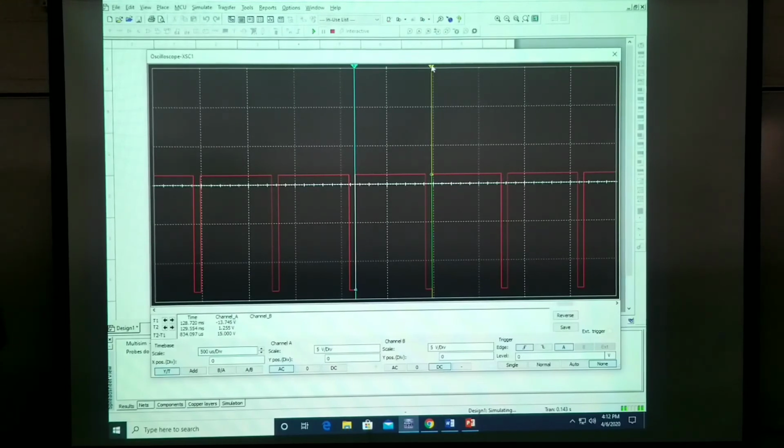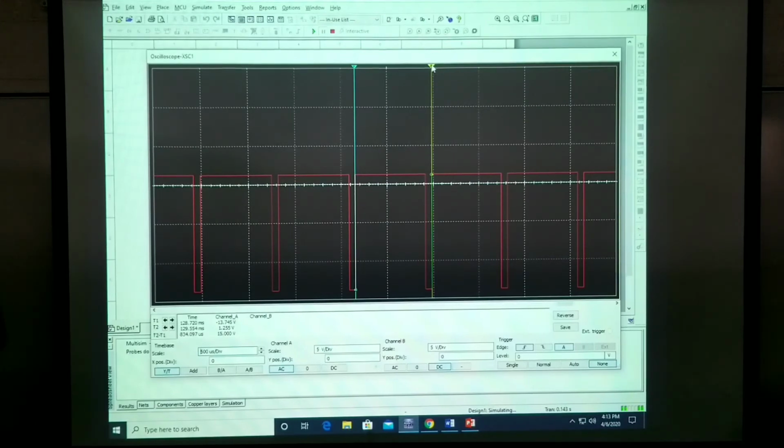Now to find your duty cycle, we're going to take our up portion, which is at 765.353 microseconds, and we're going to divide that by the total wave, which is 834.097 microseconds.